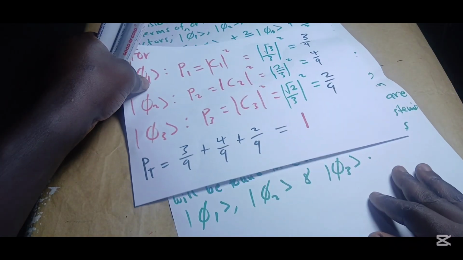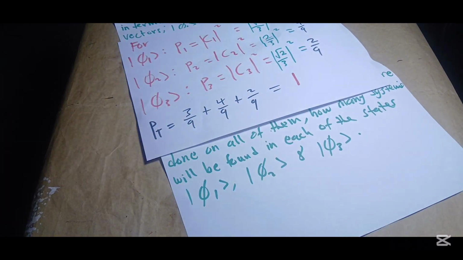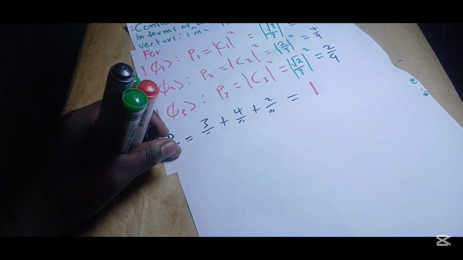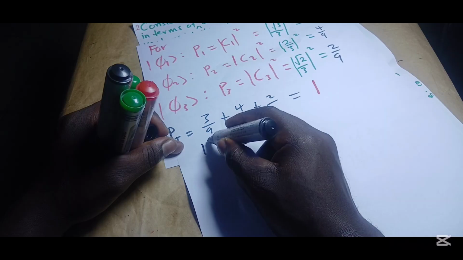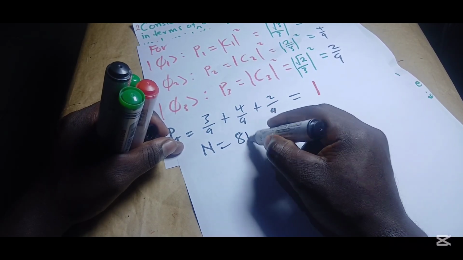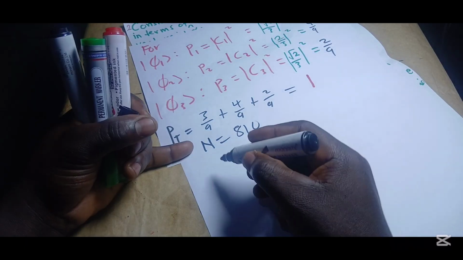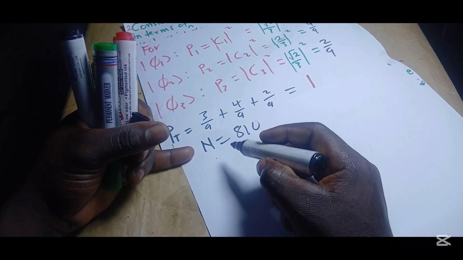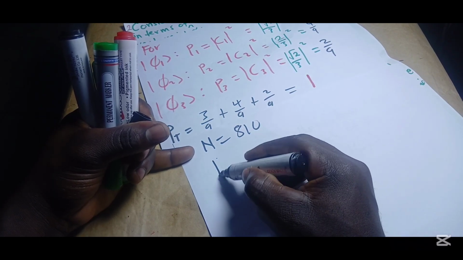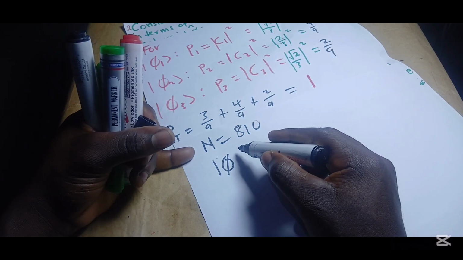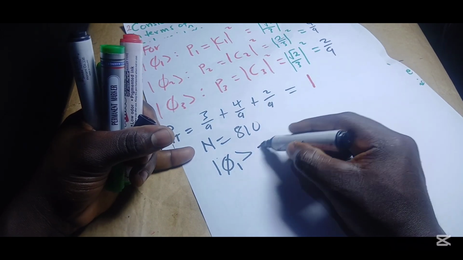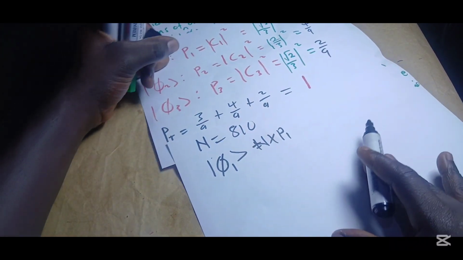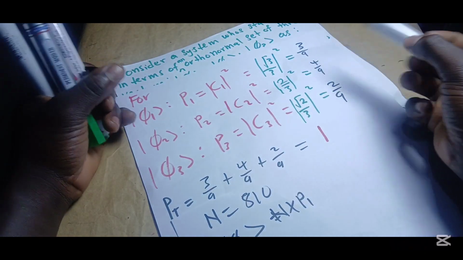Now, let's call the total number of the ensemble, 810, N. The number of systems found in state phi 1 is going to be N times P1, which is the probability contribution of phi 1 that we calculated here to be 3 on 9.